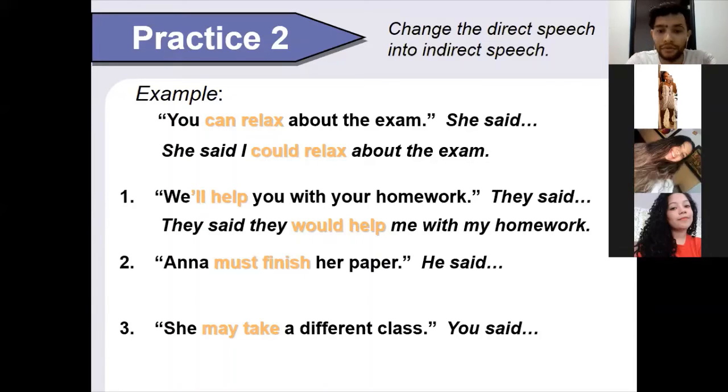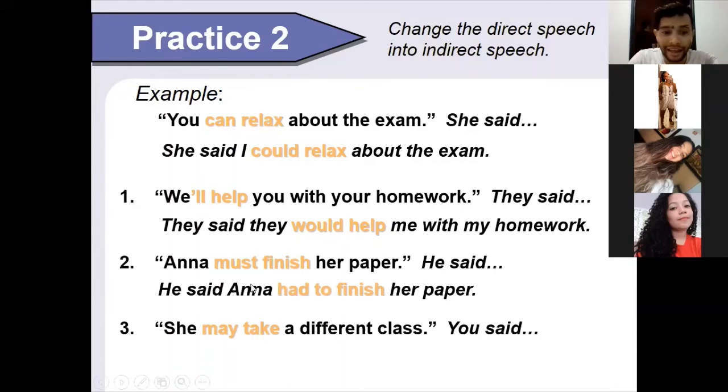He said Anna had to finish her paper. Say it again. Is it present or past? He said Anna had to finish her paper. Great, great. Good. 3. She may take a different class, you said.